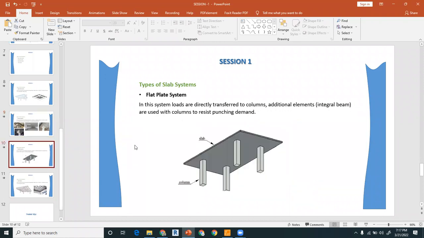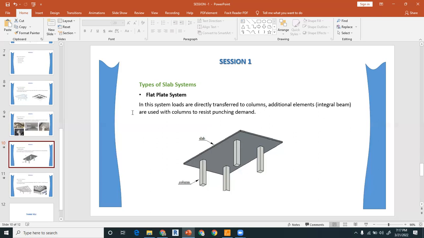The next is the flat plate system, right? In this system, again, the loads are directly transferred to the columns, and you can add additional elements, known as the integral beam, to resist the column loads and the punching demand, right?